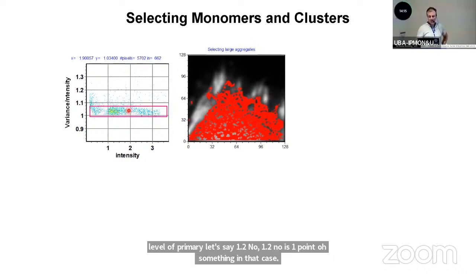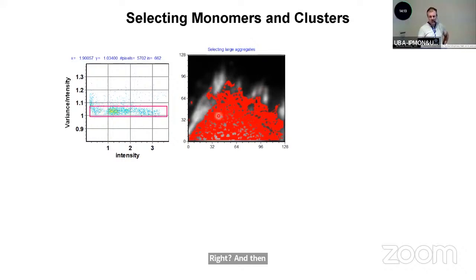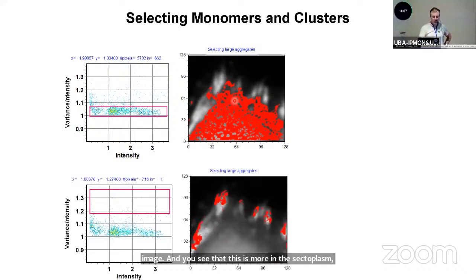And then we look at where those pixels are in our image, and you see that this is more in the cytoplasm, right? But also we can go to the higher oligomeric state. If we are lucky with our system, and if we have the proper calibration, we can go to the specific oligomer, the dimer, or the tetramer, or the octamer.